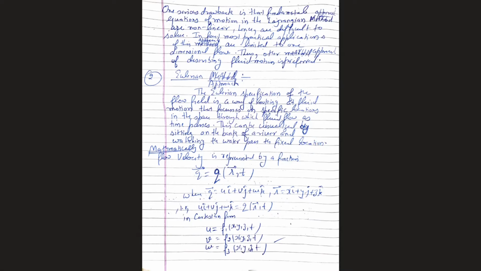So the difference from the Lagrangian is that in Lagrangian, the observer was moving with the particle, like we were having this motion.